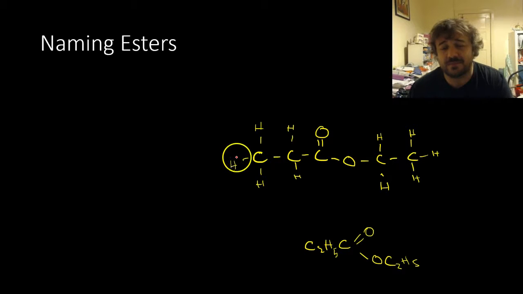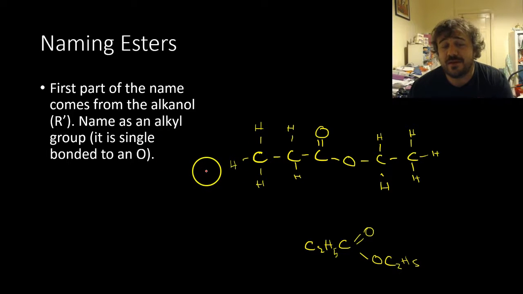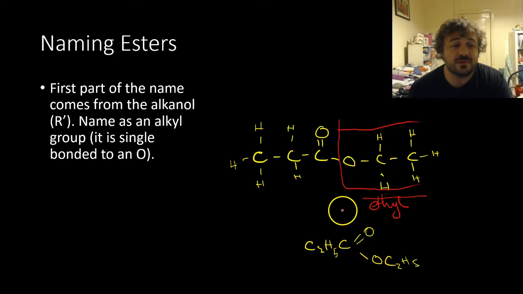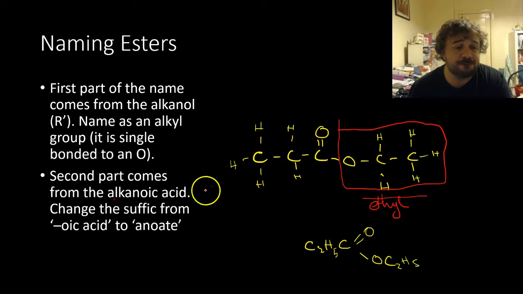So how do we name them? Basically, the first part of the name comes from the alkanol, which is this side. You name it as an alkyl group, and it's single bonded to an oxygen just here. So that would be ethyl. Now, the second part comes from the alkanoic acid.